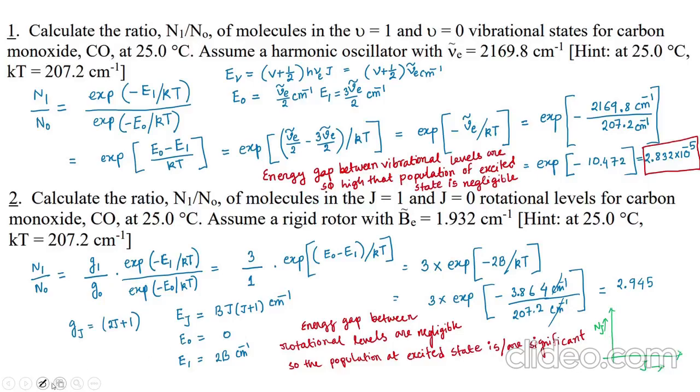So it's going to follow something like this. It will increase up to a certain point and then again it's going to decrease. So it will follow some signature like this. Okay.